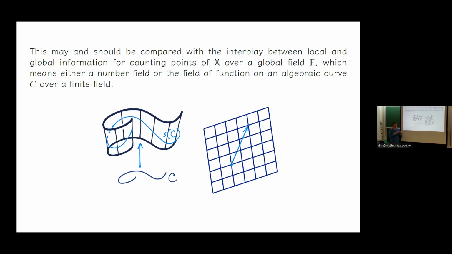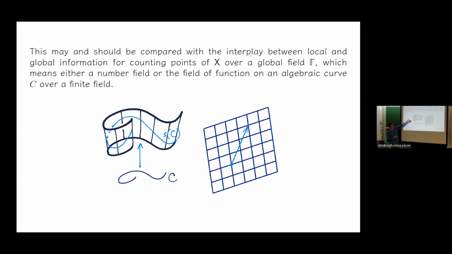If you do this over a finite field, that's by definition the Eisenstein series for PGL2. The Eisenstein series for PGL2 is counting sections of some bundle for PGL2 over the field of functions of that curve.